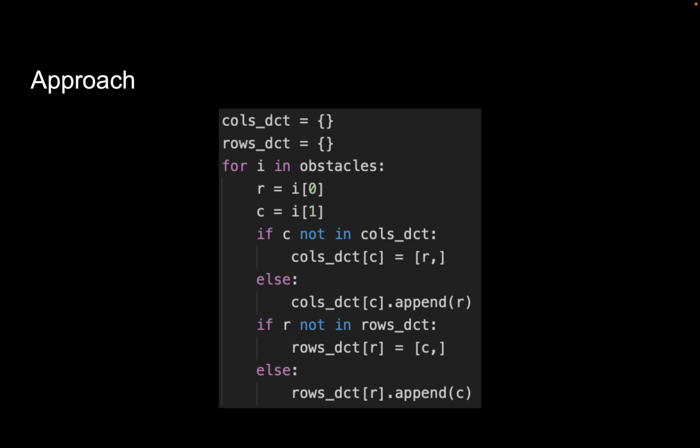At the end of the update, if we look at the column dictionary, for every key, which is for every column, you would have a list of rows that are all obstacles. This will allow us to identify whether any vertical column or horizontal row in the grid has any obstacles or not.